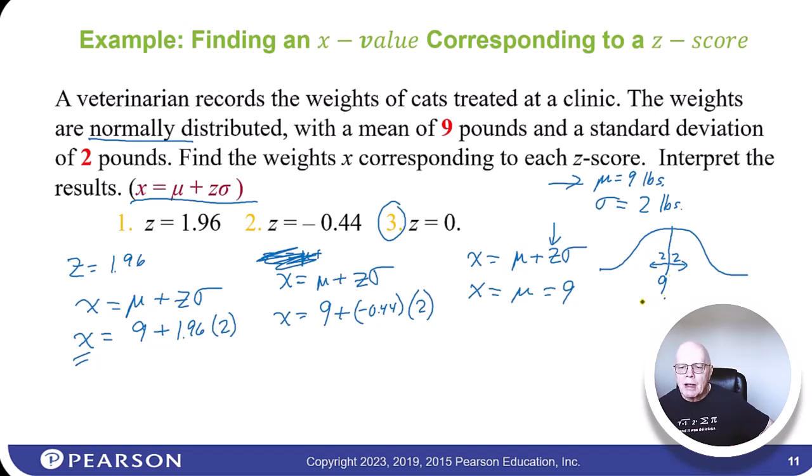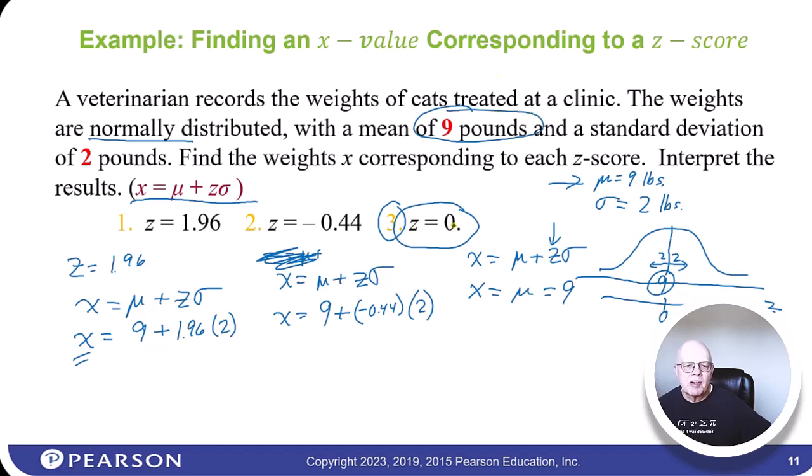Remember though, if we were talking about z-scores, right in the center is 0, which means our x value will be 9, because that's the center of our x-looking normal distribution. So you should be able to look at this and say, oh, that doesn't vary at all from the mean. Since the mean is 9 pounds, z of 0 means 9 pounds, period.